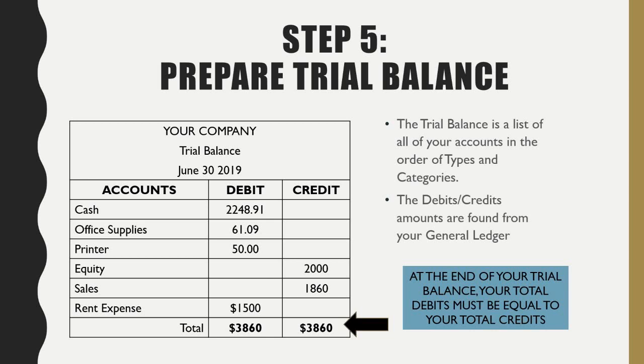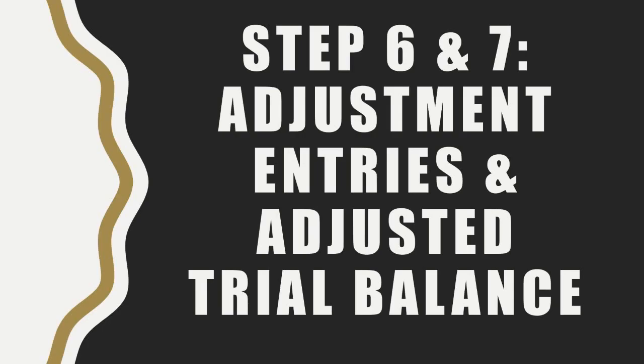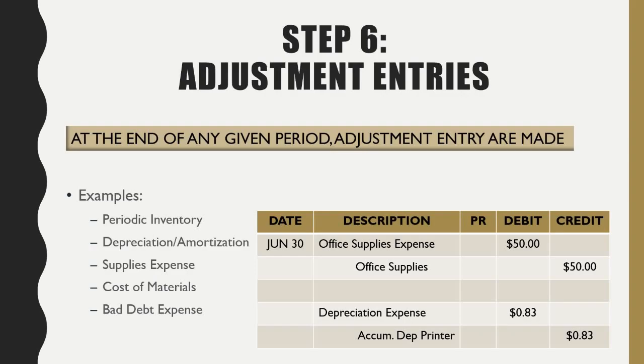Once we've completed everything and we're ready to close our books, this is where we complete the unadjusted trial balance. Our goal is to make sure that our debits and credits match. Once we've got that, we can move on to step number 6, which is to complete your adjusting entries.